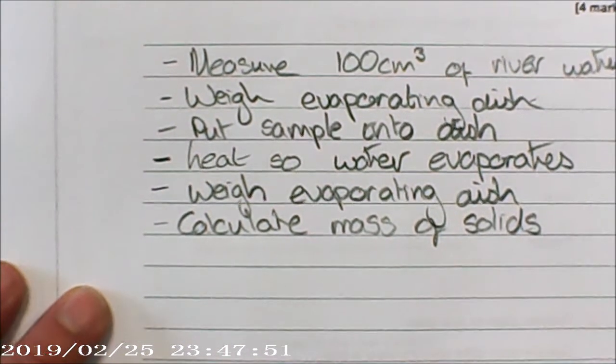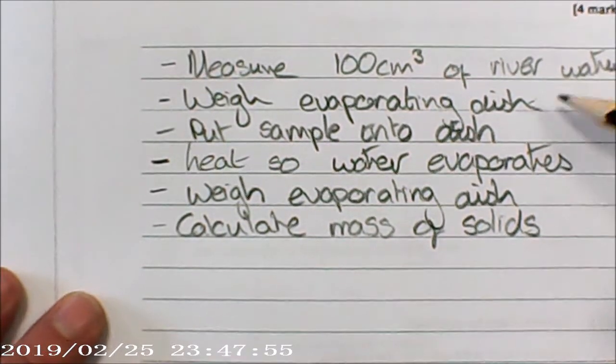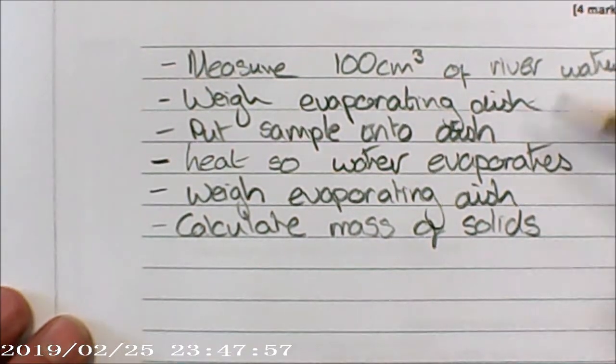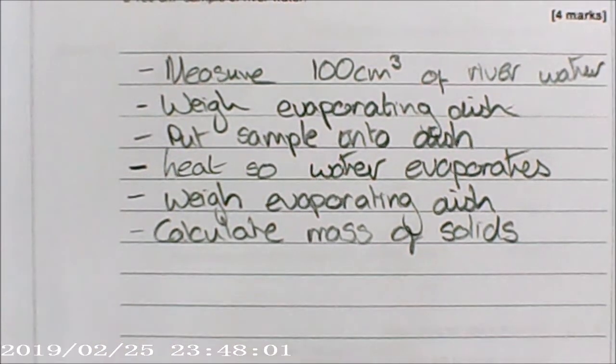Okay, so I would say that if you have got one of those steps, then that's going to be worth 1 mark. If you've got a couple of them, so I'd say 2 or 3, that's going to be worth 2 marks. If you have got 4 of them, then I'd probably go 3 marks.